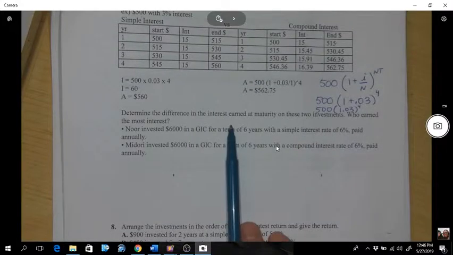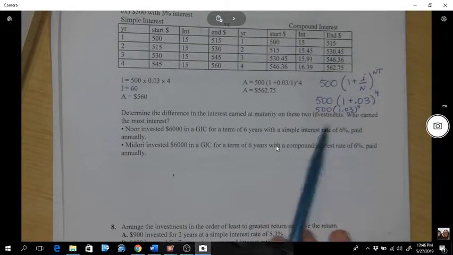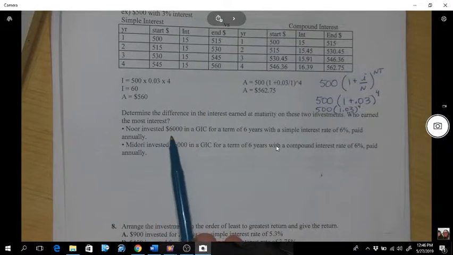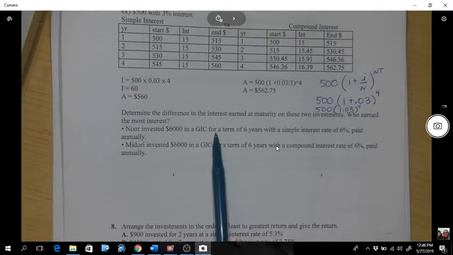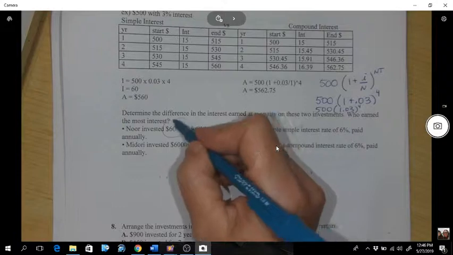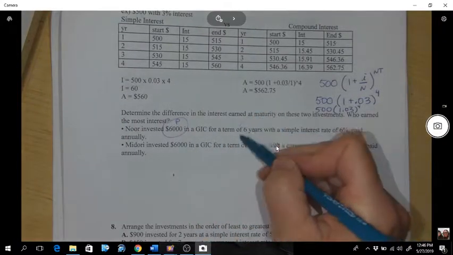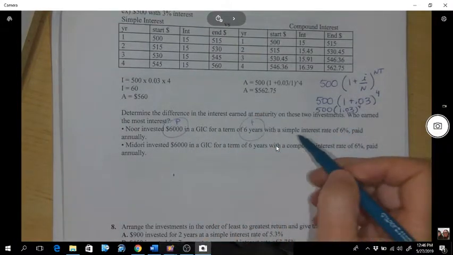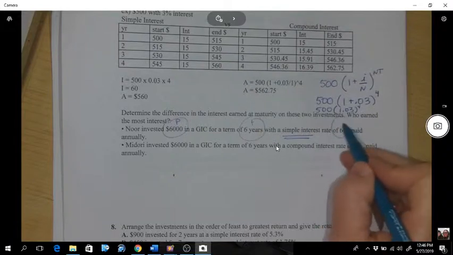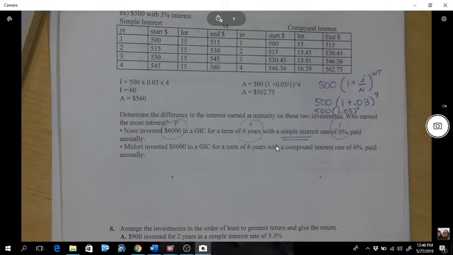Determine the difference in the interest at the maturity of these two investments. Okay, so Nor invests $6,000, so that's the principal, for 6 years, that's my time, at 6% simple interest rate. Okay, so we're doing PRT.